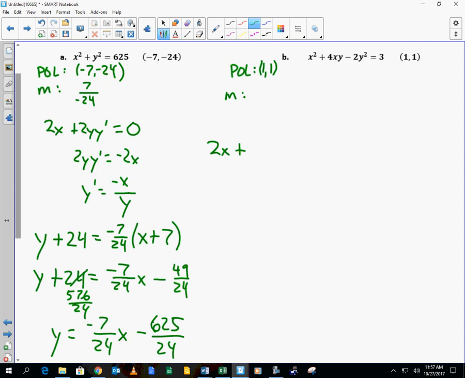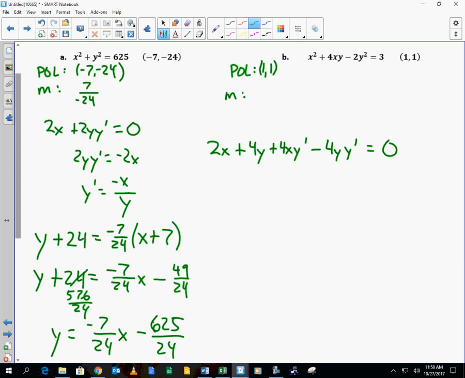Product rule, derivative of 4x, 4 times y plus 4x times y prime, minus 4y prime equals 0. So we're just trying to figure out y prime, right? Derivative of 2y squared is 4y prime. I have to use the product rule here. Derivative of 4x is 4 times y.